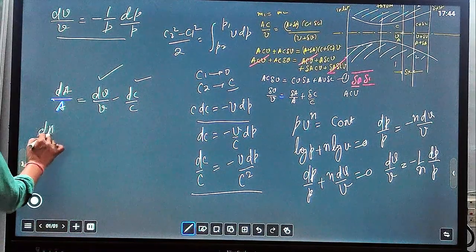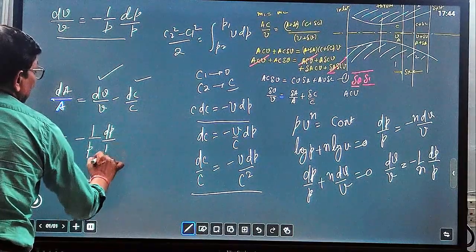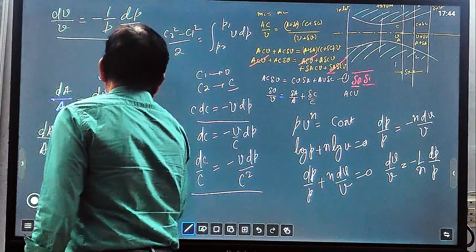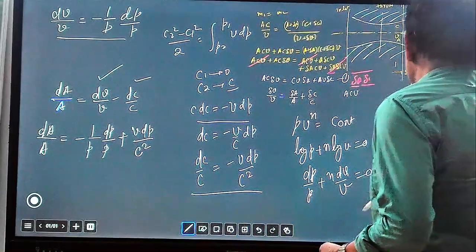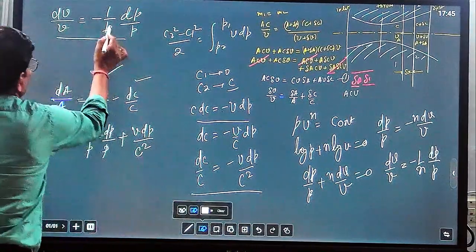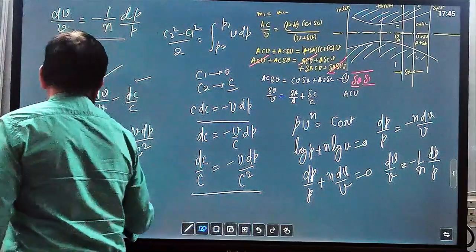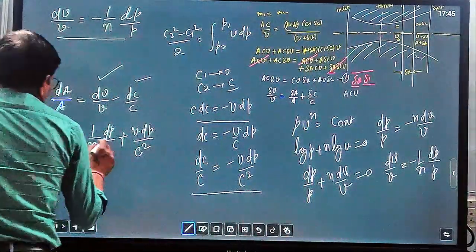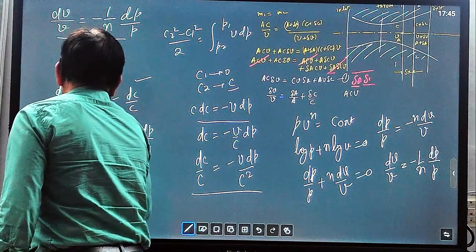So dA by A equals dV by V, which is minus 1 upon n dP by P, minus dC by C, which is minus VdP by C square. I was missing the 1 upon n here, so correct it: it is minus 1 upon n, and by mistake I put minus 1 upon P earlier. Now taking common 1 upon n, dP by P.